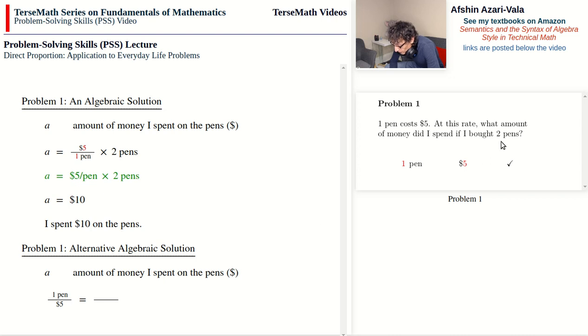Now the other number that you want to work out, the 2 pens, will go on top on the same side as pens. The top is the number of pens, so we put 2 pens on top, and we put A for the amount of money that I spent down here. So the ratio of 1 to 5 should be the same as the ratio of 2 to A. That's the kind of logic that goes into this kind of setup.